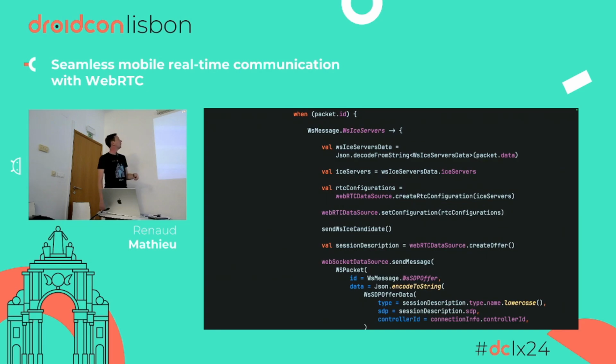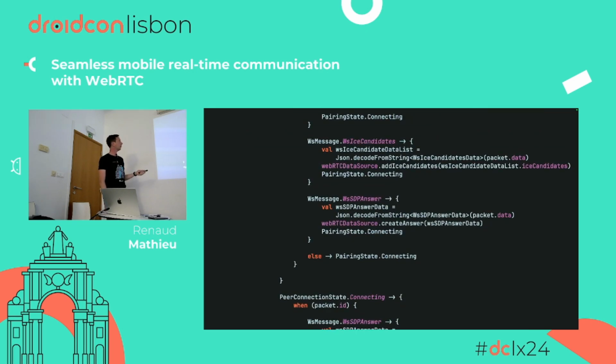Here, if I receive some ICE servers, then I will set up the ICE servers, make sure that I create an RTC configuration, set this configuration, and send back the ICE candidate. So it's all the things that were asynchronous, but here we can see easily how to split them. You can actually split that into different functions, but I put it here for the purpose of knowing what to do when we receive this packet, for example.